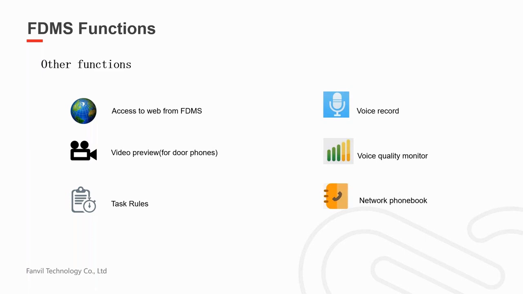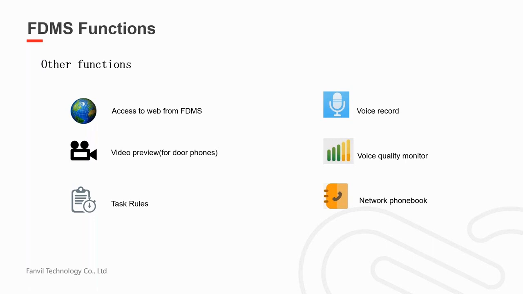And the last is the network phone book. Actually, Fanvil had already provided the voice record server and phone book server on our website. They both run on Windows, and there is no need to install. It is a green version for usage.